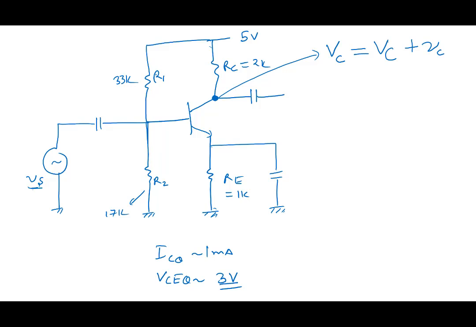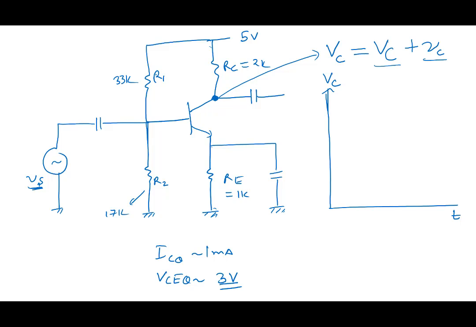Right? This voltage here is going to get amplified and appear over here. So it's going to be this. Right? And I want you to draw the following. Look at this plot here. We want to draw VC as a function of time.